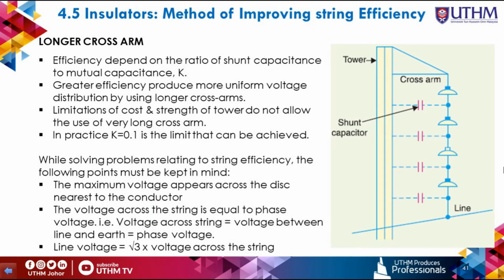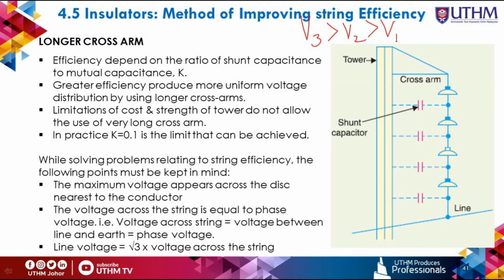So next is the method of improving string efficiency. It has been seen that the potential distribution in a string of suspension insulators is not uniform. As I mentioned before, the voltage at V3 is bigger than V2 and bigger than V1, so the potential distribution is not uniform.